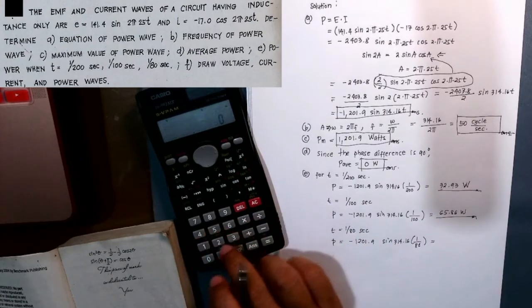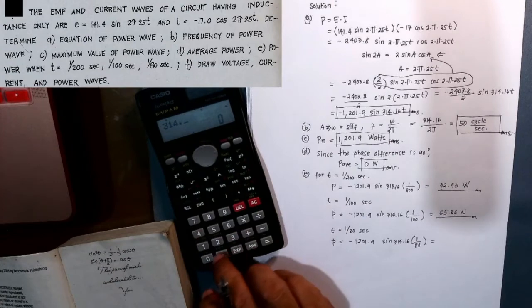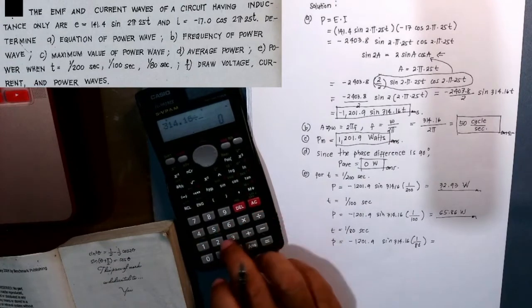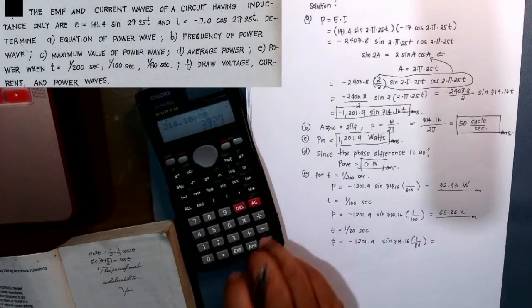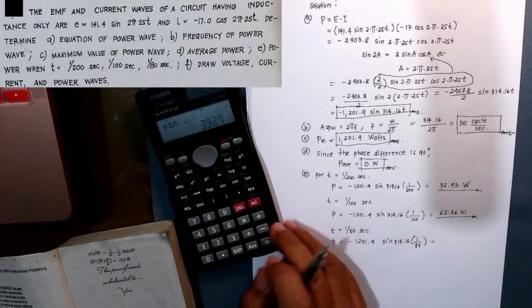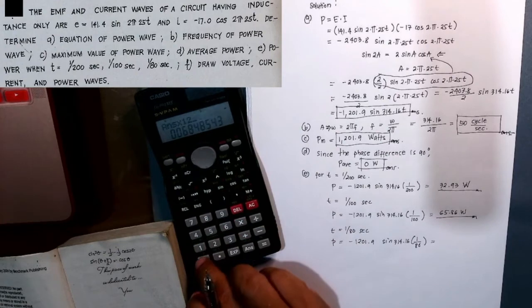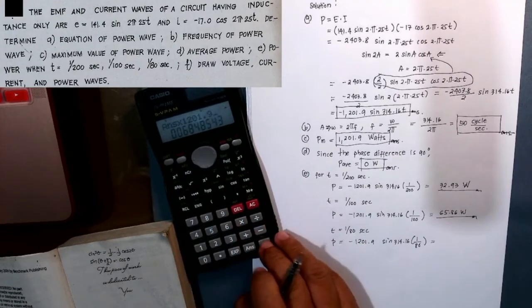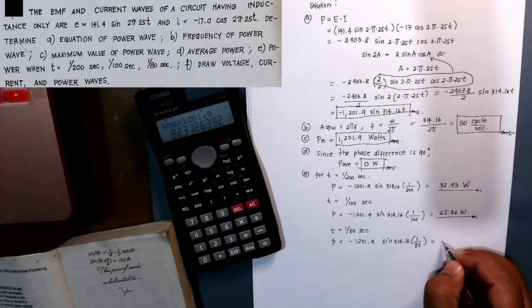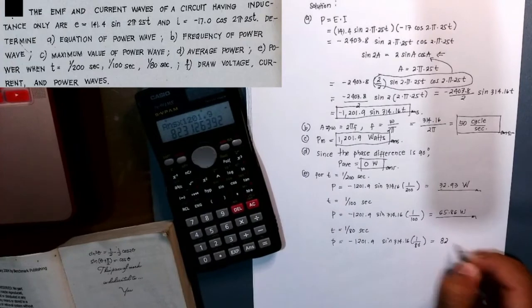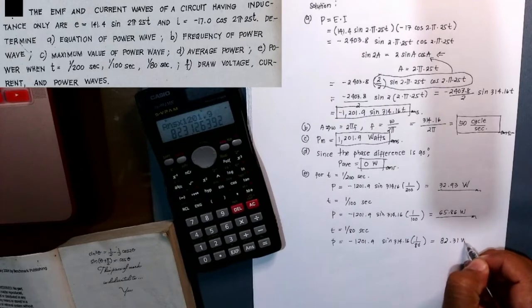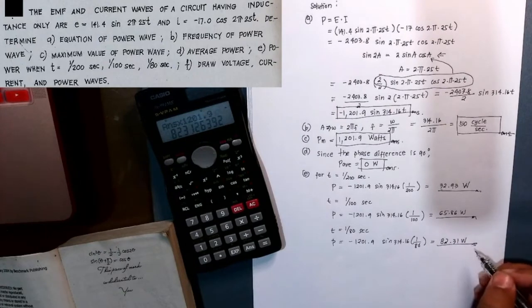So again, 314.16 divided by 80 equals sine of this one, multiplied by 1201.9, that is 82.31 watts. So those are the values.